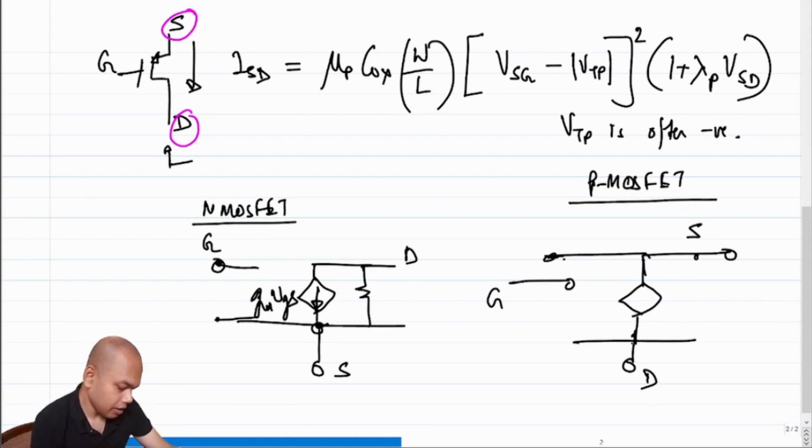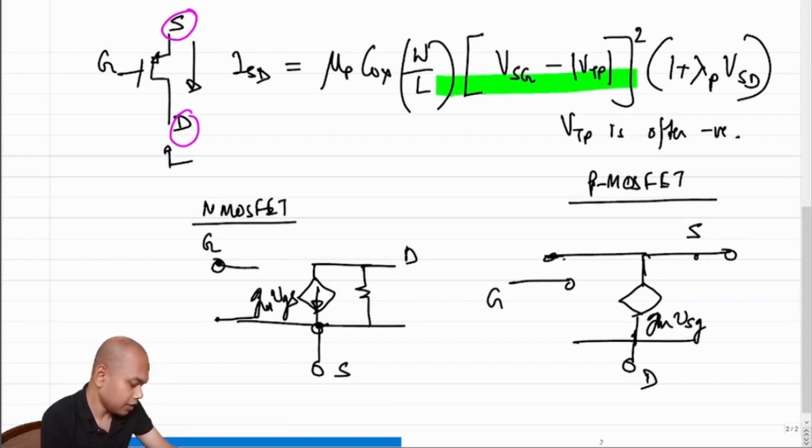And what is the value of this current source? This has to be again Gm times VSG, because this equation has VSG.